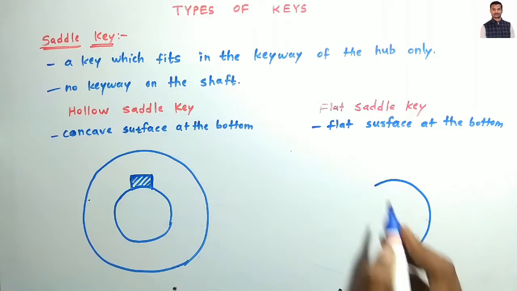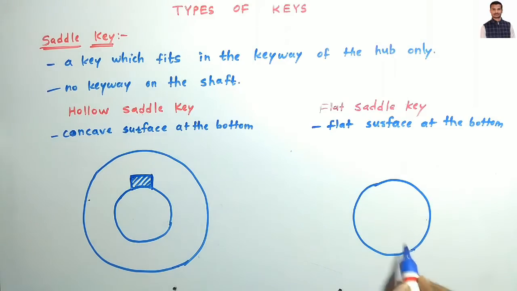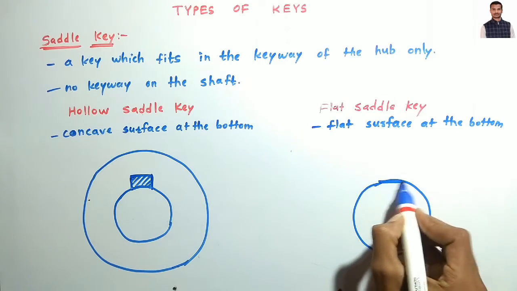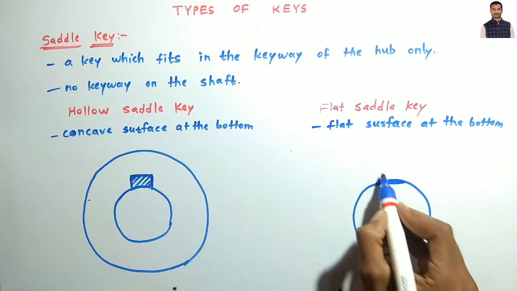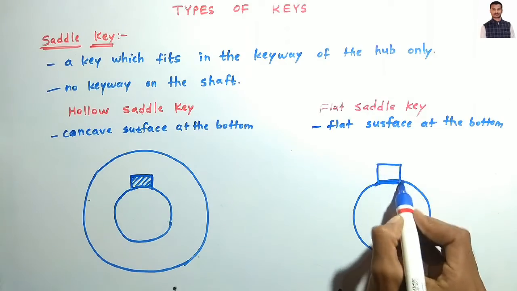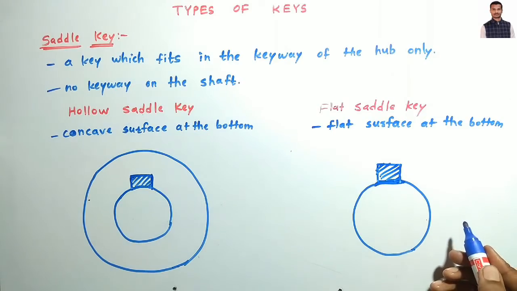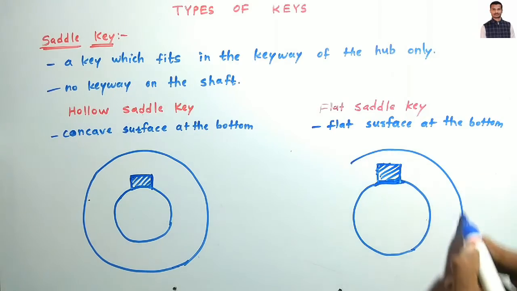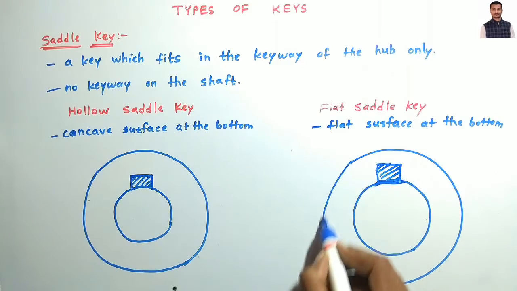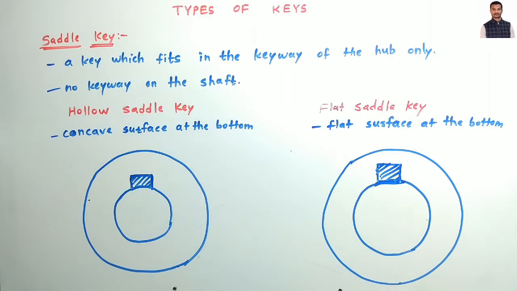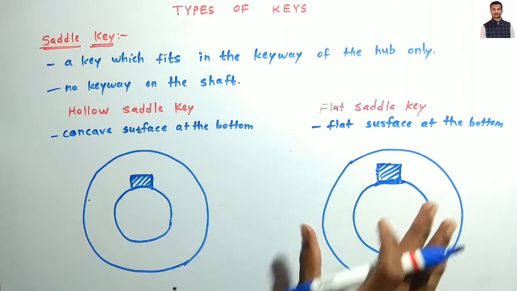Means if this is the shaft, and this is the flat surface machined on the shaft, and this is the key, so this is a flat saddle key, and this is the hub. So this is a hollow saddle key. This is a flat saddle key.